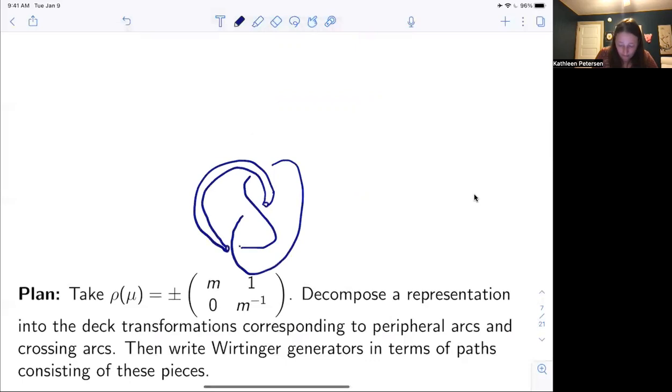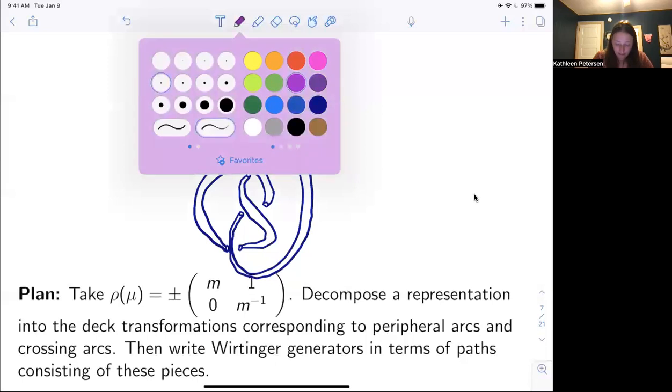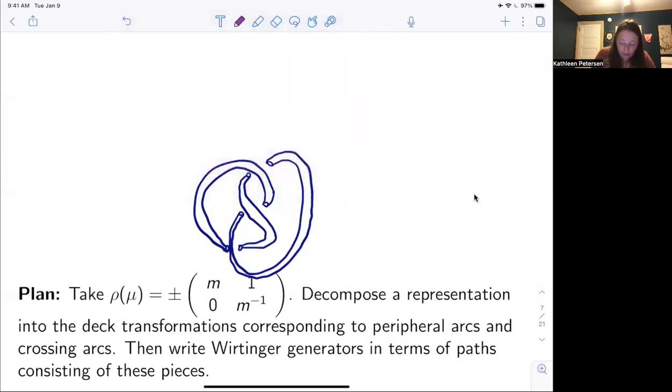Here we go. I'm imagining I have a nice tubular neighborhood, and I'm going to pick a base point on the boundary of the knot. If I ever need to, I'll refer to that as B.